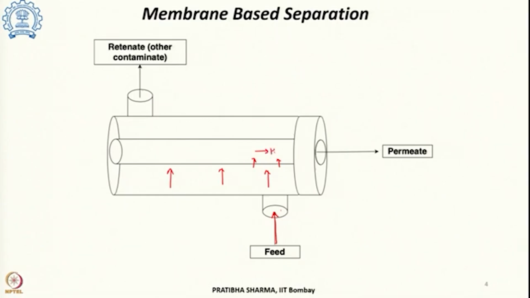In our case it is hydrogen, so that forms the permeate. The remaining gases which are deprived of hydrogen come out, and that is what we get as a collection of contaminants or impurities, which is the retentate.